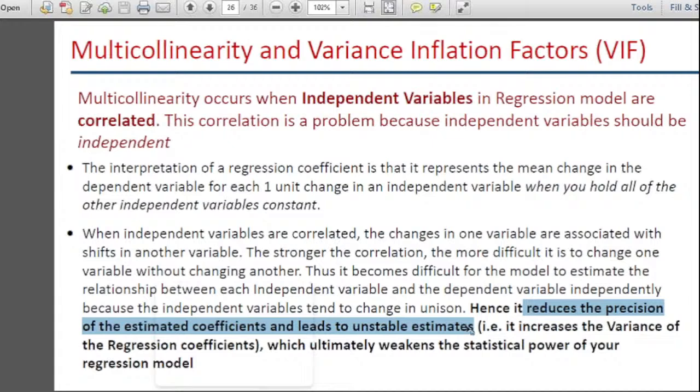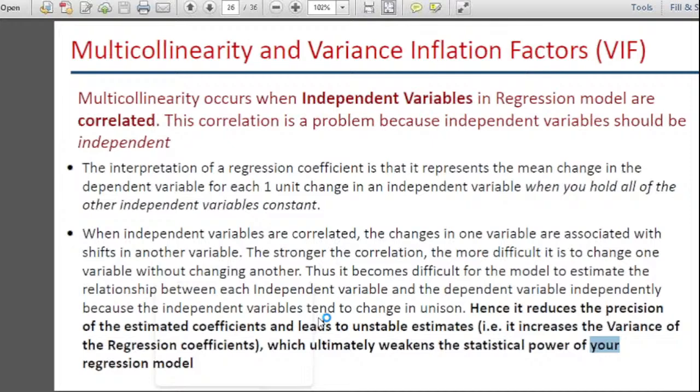It is unstable because there is a variation in x2 caused by x3. So the variation in the regression coefficient of x2 is high because of multicollinearity with x3, which ultimately weakens the statistical power of the regression model.